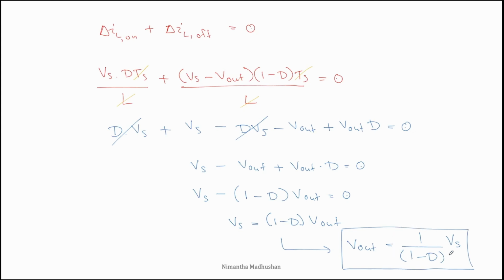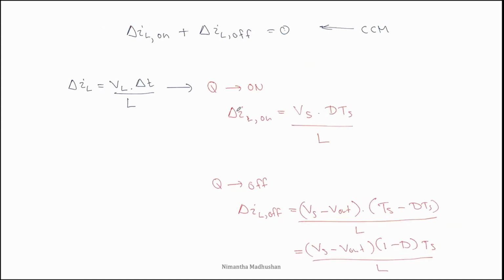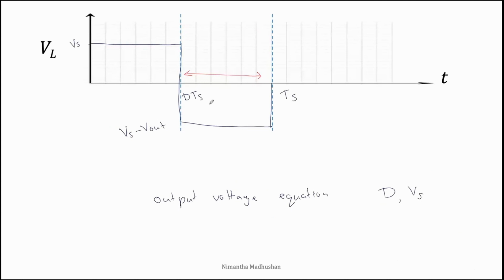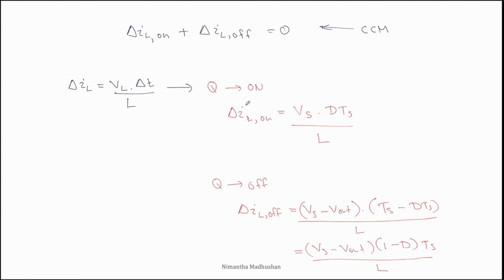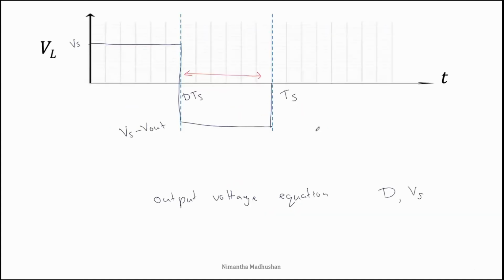According to this equation, assume my d value is 0.5, duty cycle is 0.5. That means this is Ts over 2, and these two times are equal.